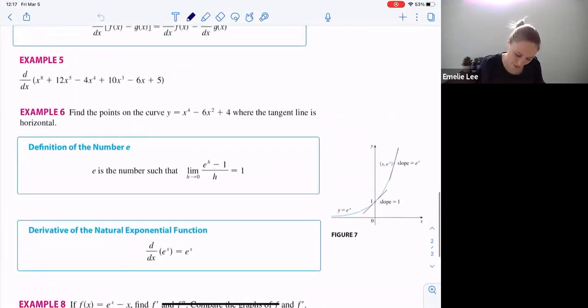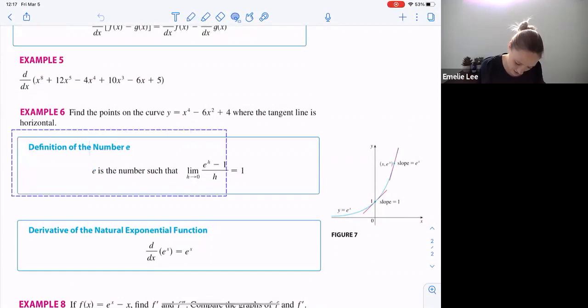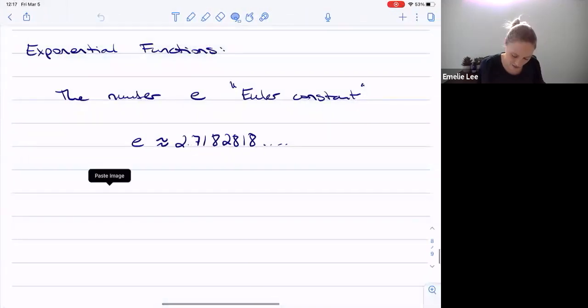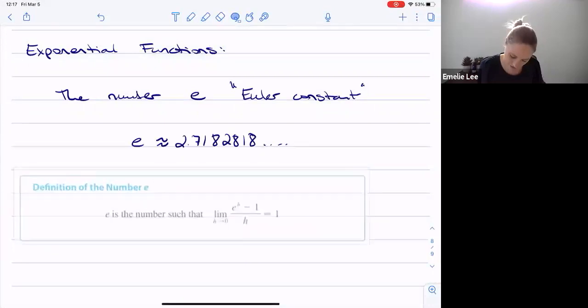All right, so by definition, the reason e is so special is because it comes from this limit definition.